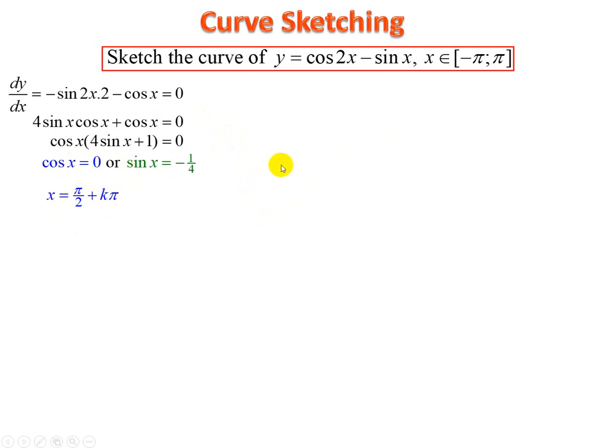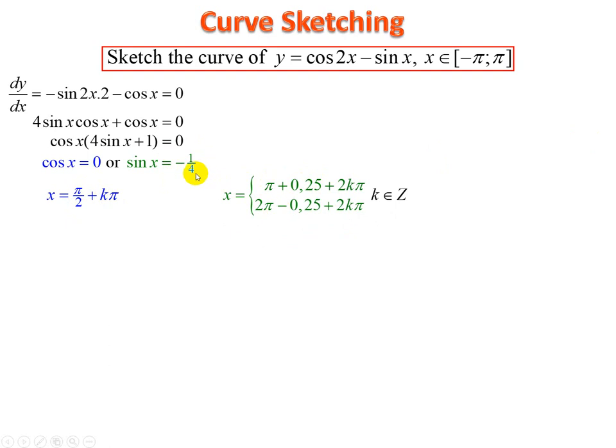Well, it's at 90 degrees and then every 180 after that. So it's 90 degrees plus k180. And then for this one, it's 180 plus and 360 minus, being for third and fourth quadrant.